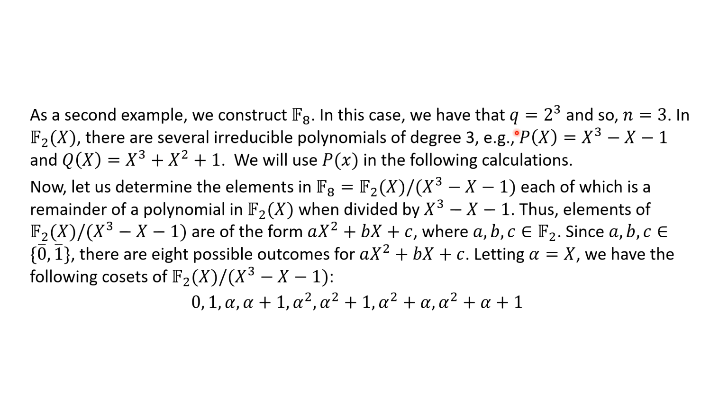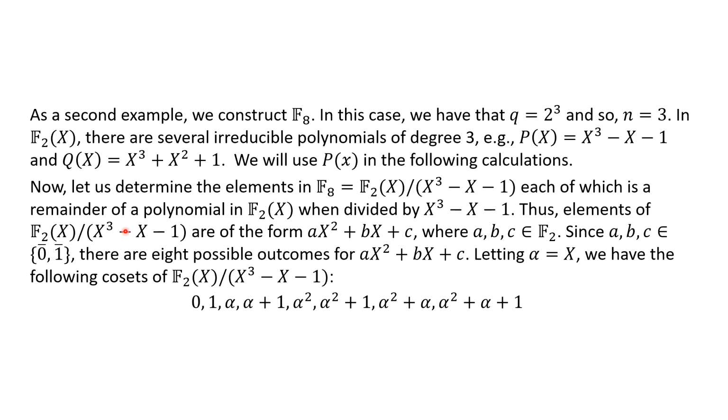So we can use either one. We will use this first one here, P of x, in the following calculations. So we want to determine the quotient ring F2 of x modulo x cubed minus x minus 1. The elements of this quotient ring will make up our F8.